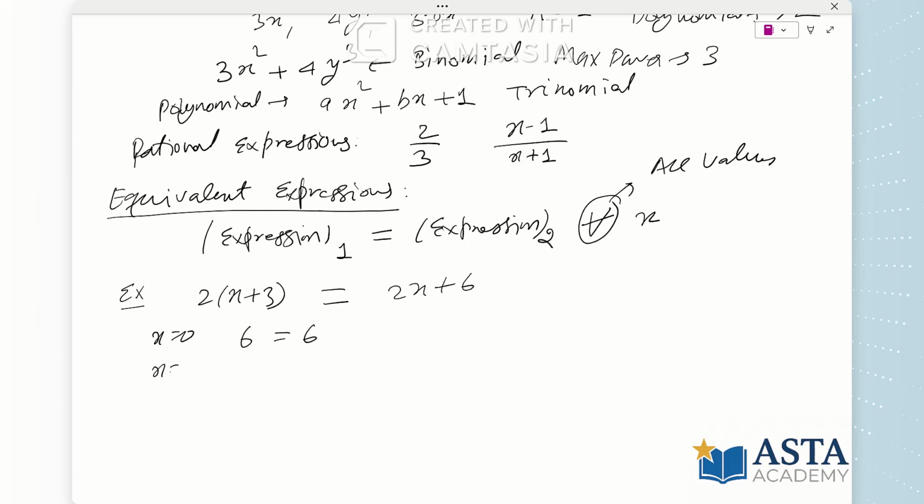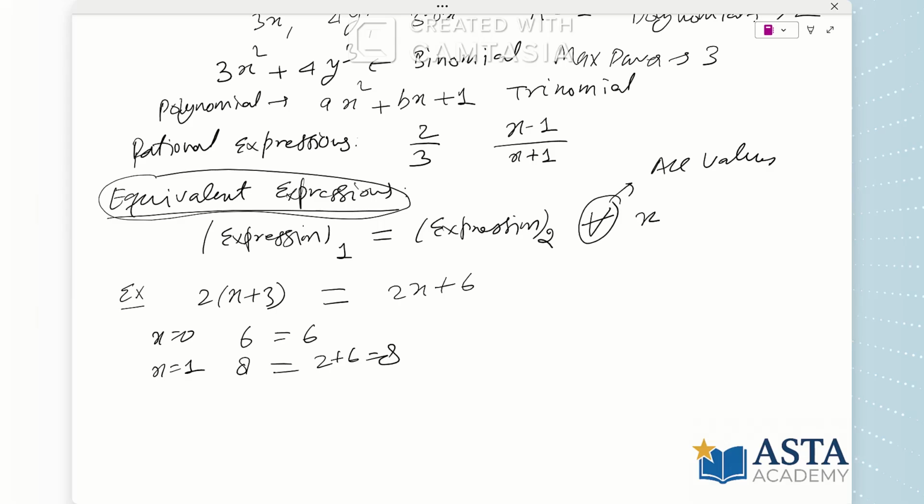Put x equal to 1 in both expressions: on the left you get 4 times 2, which is 8, and on the right, 2 plus 6, which is 8. So no matter what value you put in both expressions, their values will be the same. Such expressions are called equivalent expressions.